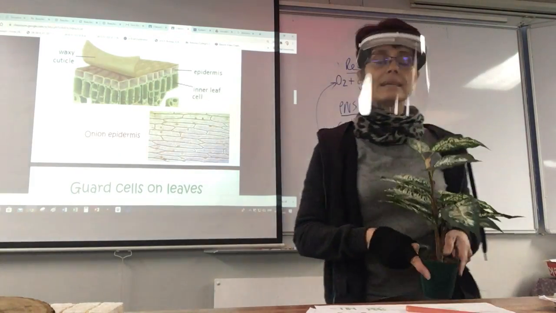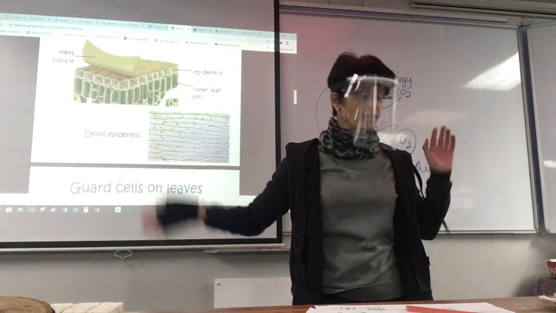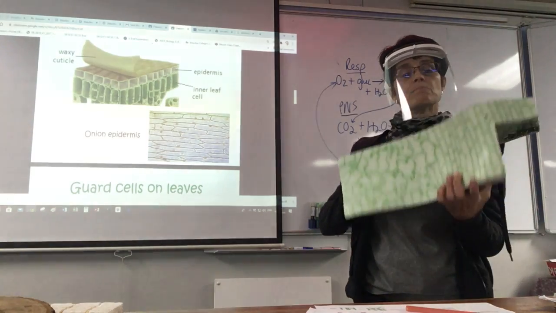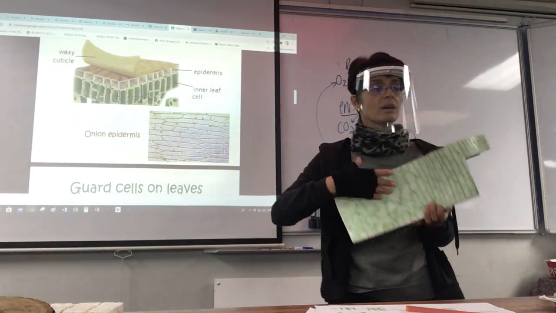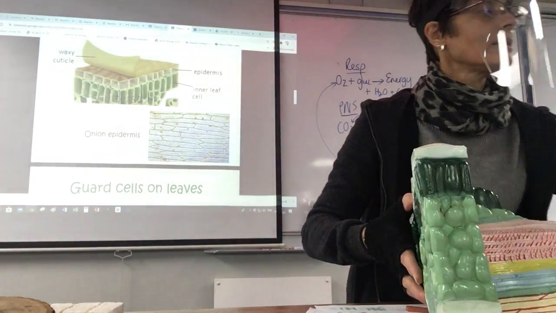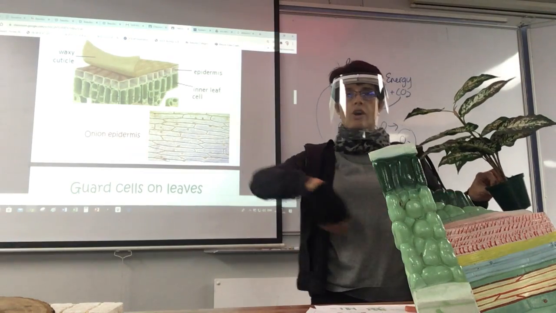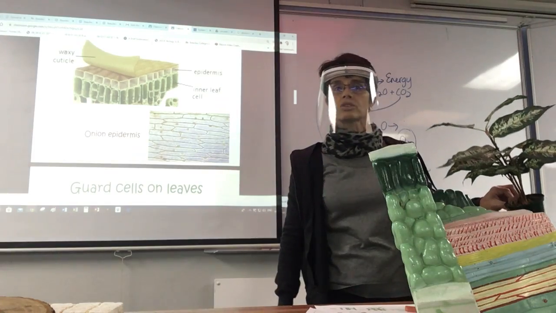So most leaves, and I'm not going to go into the whole botany of all the different species and how their guard cells differ, because then I'm just going to drive you mad. But in most leaves, the bottom part of the leaf is where the guard cells are, because they're nicely hidden underneath. If the plant opens them to transpire and get water moving through the plant, it's not going to wilt too much.